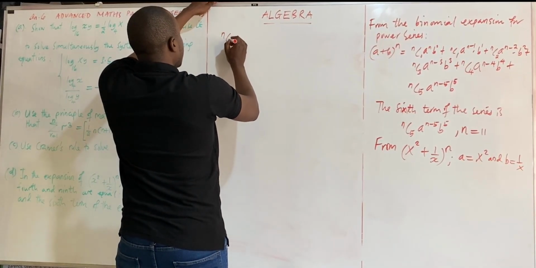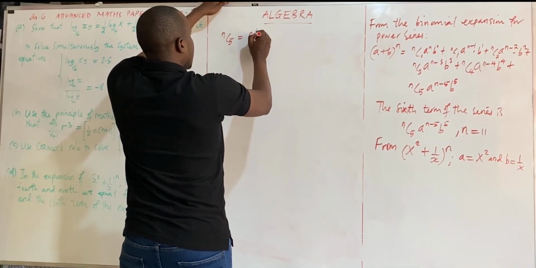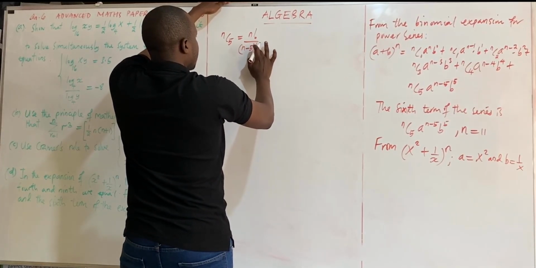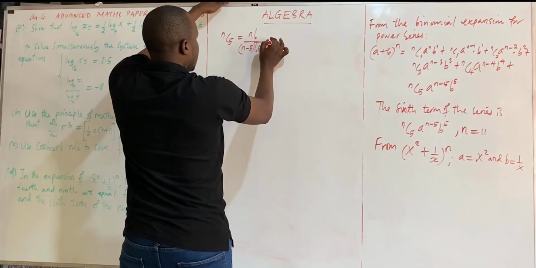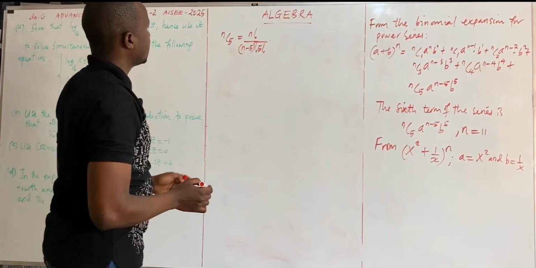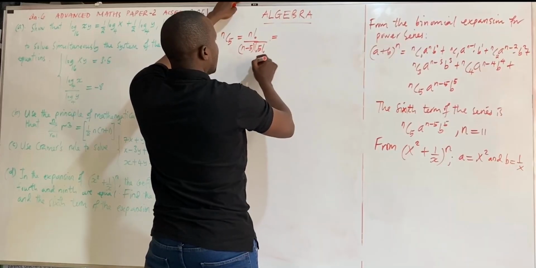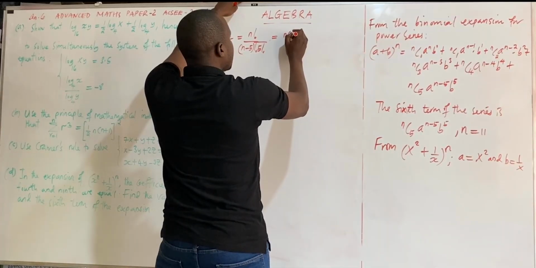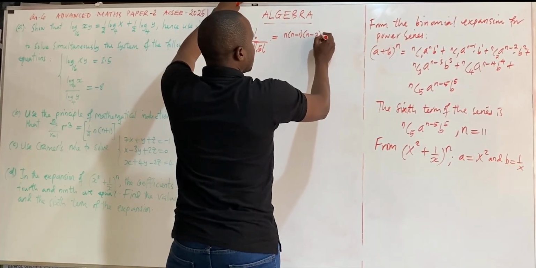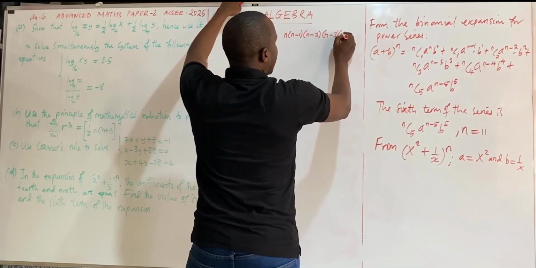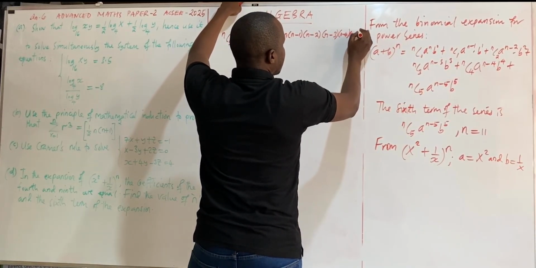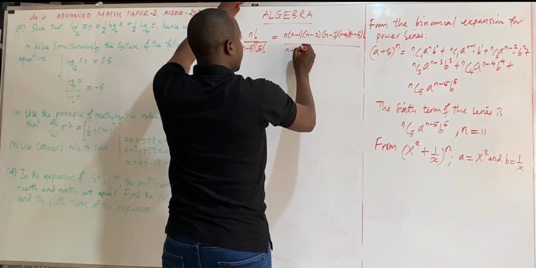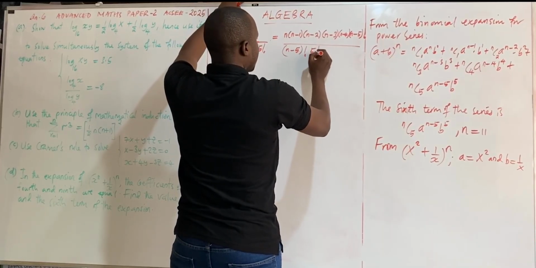So that n choose 5 is the same as n factorial over n minus 5 factorial, then 5 factorial, if we can recall the formula for n choose r. So it means here I need to expand this until I reach n minus 5. So it has to be n, then n minus 1, n minus 2, then n minus 3, n minus 4, n minus 5 factorial over n minus 5 factorial, then 5 factorial.